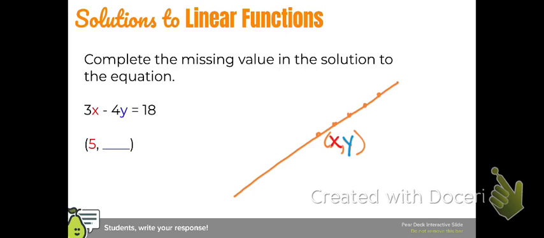So this is asking, when you have a point where the x coordinate is 5, what is the y coordinate? All you need to do is substitute this in for x and solve for y. Remember, this is our x coordinate and this is your y coordinate.